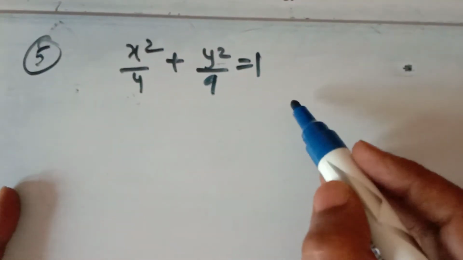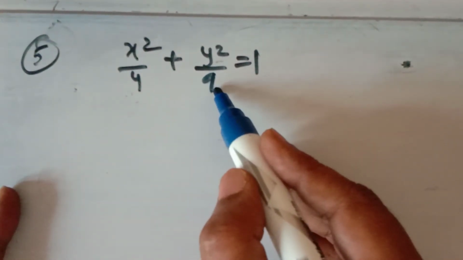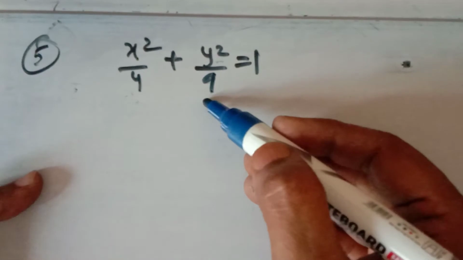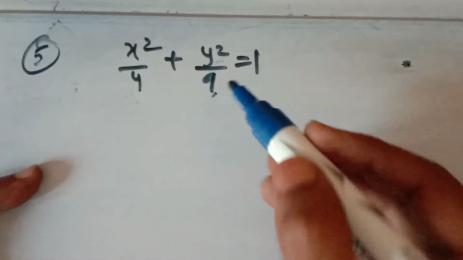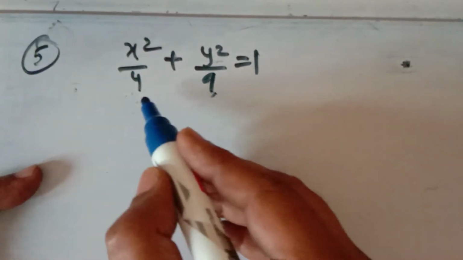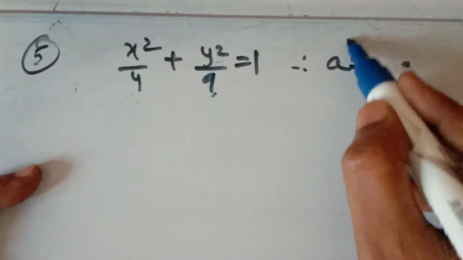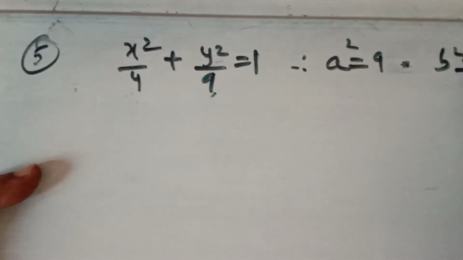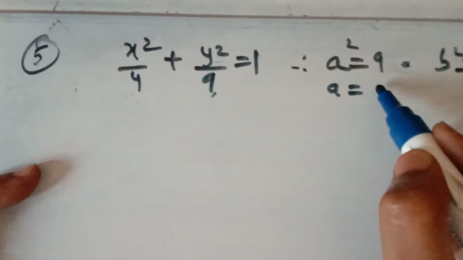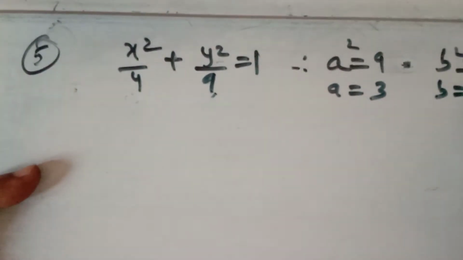Now this will be the vertical ellipse, because the greater value is below the y square. So here a square is equal to 9 and b square is equal to 4. The greater value is always a and the smaller value is always b.